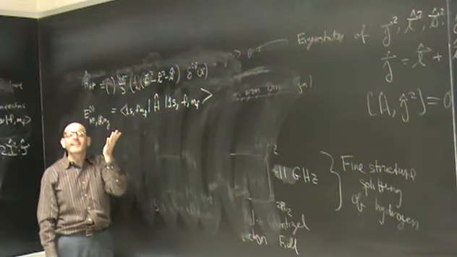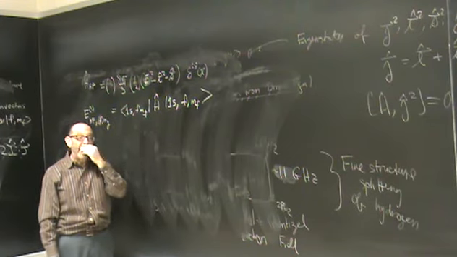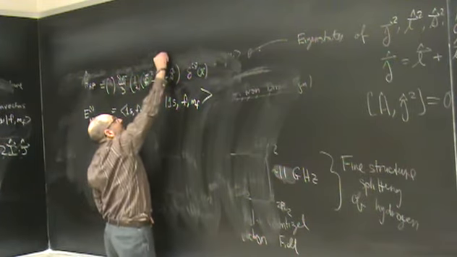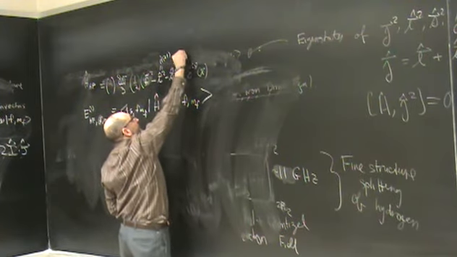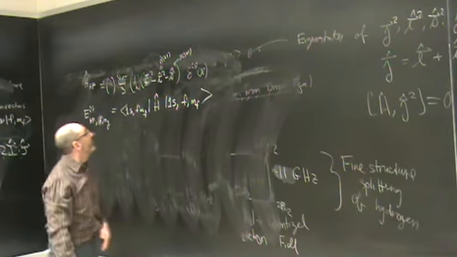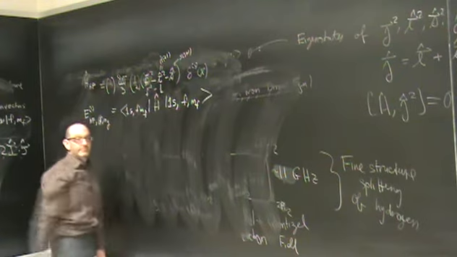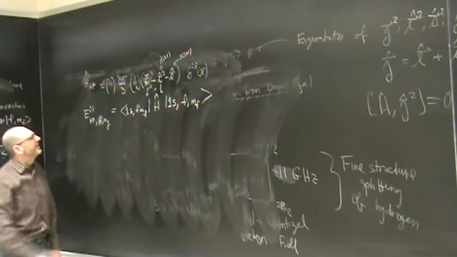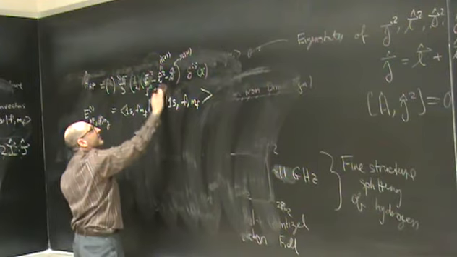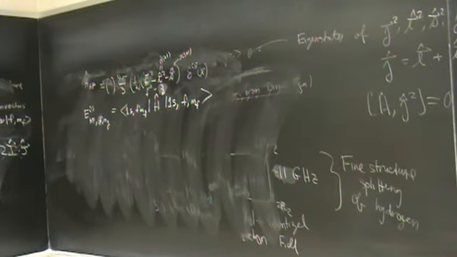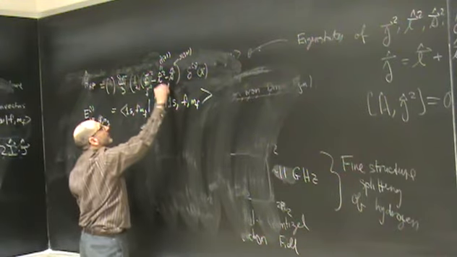I times I plus 1, and I is a half, so that's 3/4. And this is s times s plus 1, so that's also 3/4. So 3/4 and 3/4 is 3 halves, for I is a half and for s is a half, times the identity.